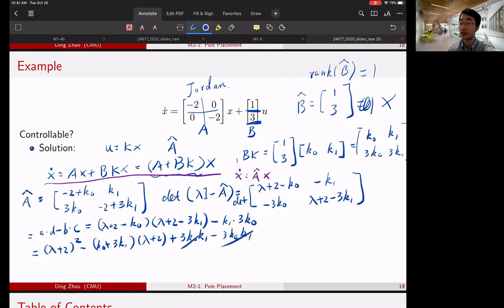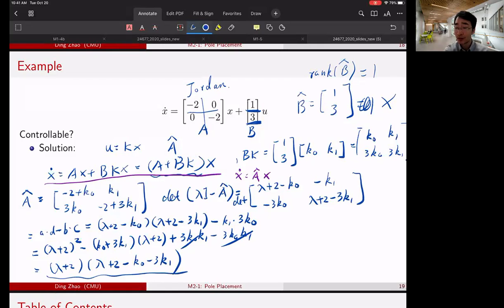These two cancel out. Okay, so there will be lambda plus 2 and lambda plus 2 minus k0 minus 3k1. Okay, so this is our final determinant of this A hat system.